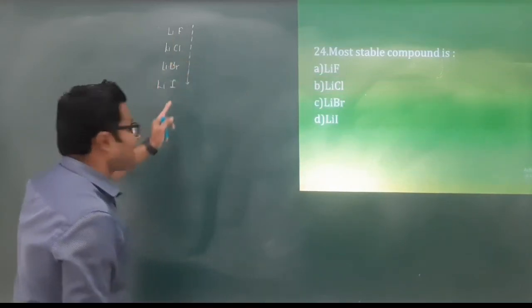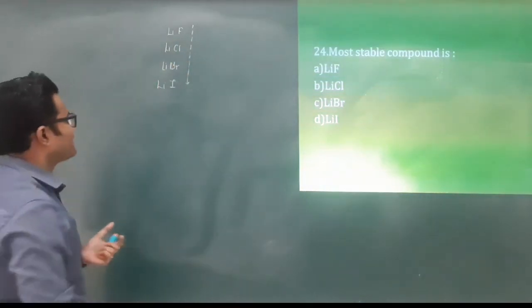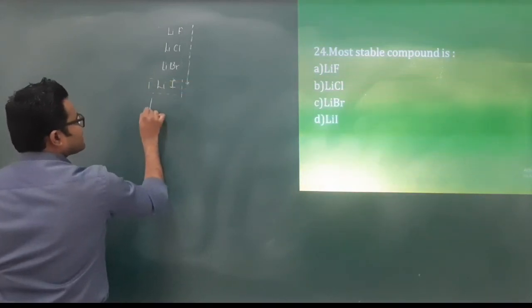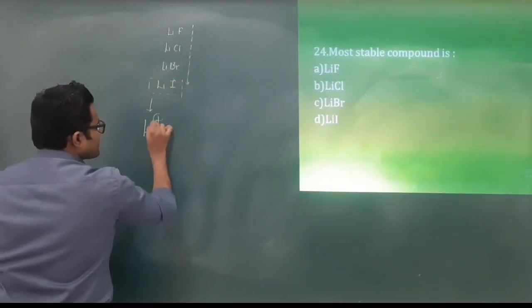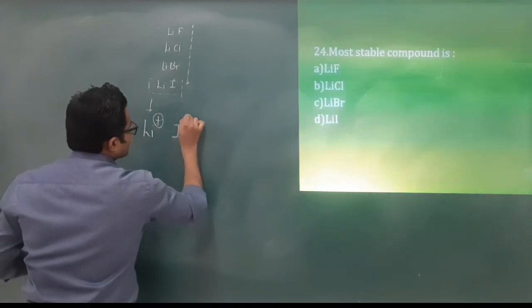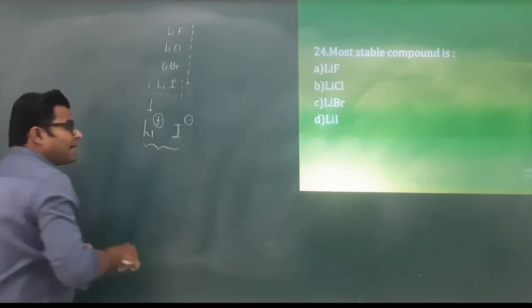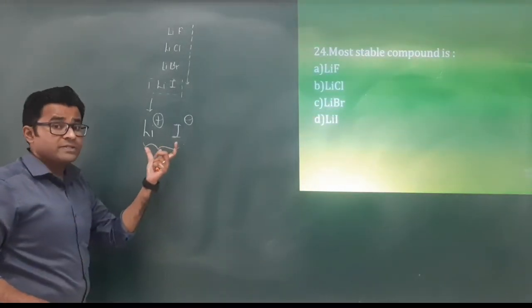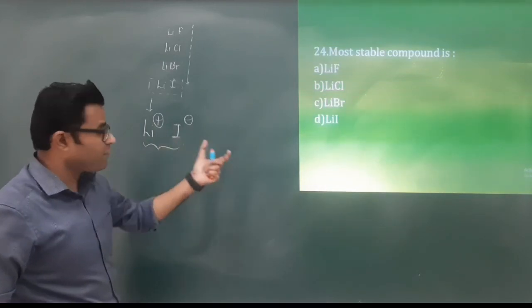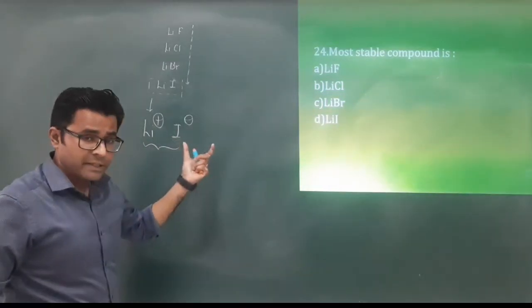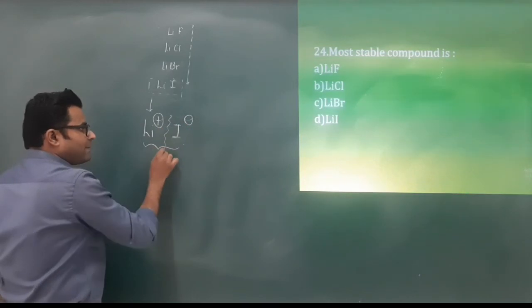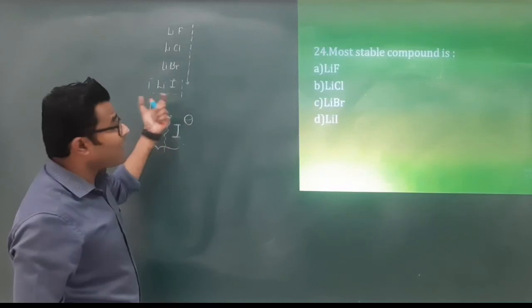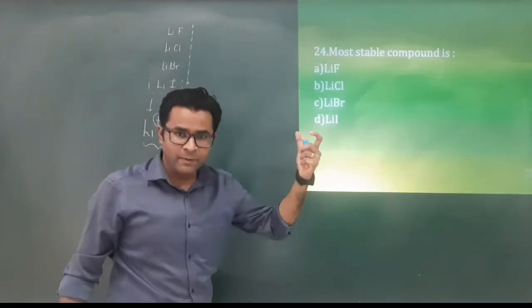As the size of halogen goes on increasing, we come to a stage where lithium has positive charge, iodine has negative charge. Ionic character has built up so much, and the distance between the two ions is also greater because of the increased size of iodine. So this bond can be easily broken, due to which lithium iodide is the least stable one.